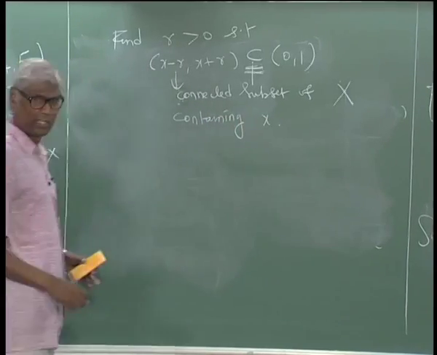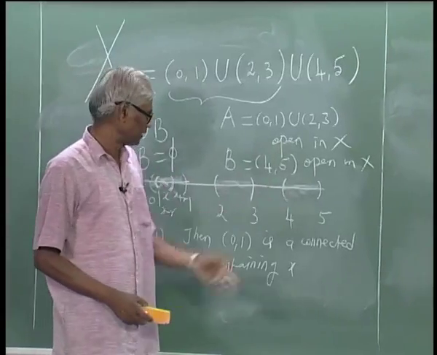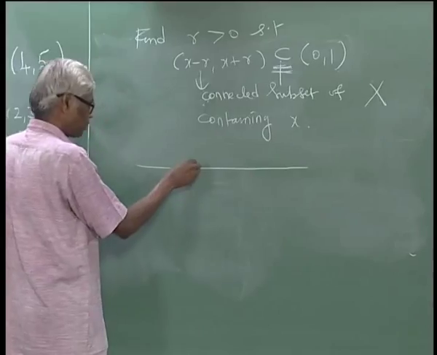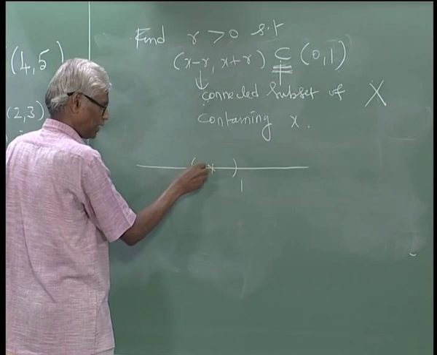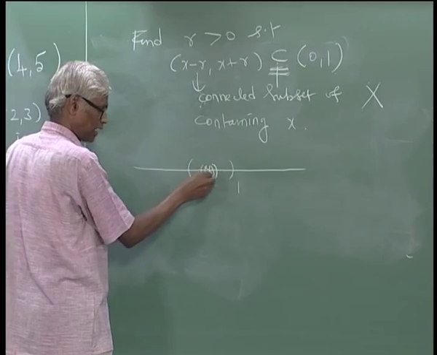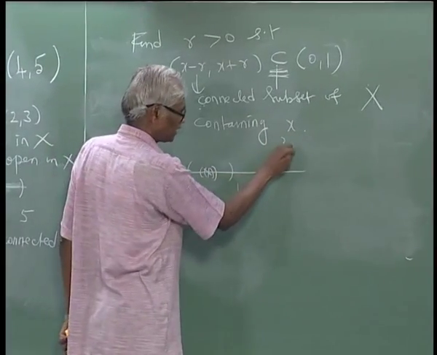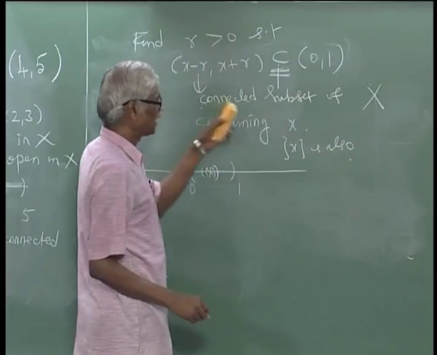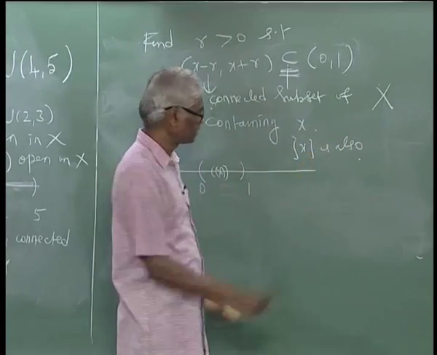We have fixed one x in the open interval (0, 1). Like that, there may be an infinite number of connected sets containing the point x: any small interval containing x, and including the singleton {x}, is also a connected subset of X containing x.